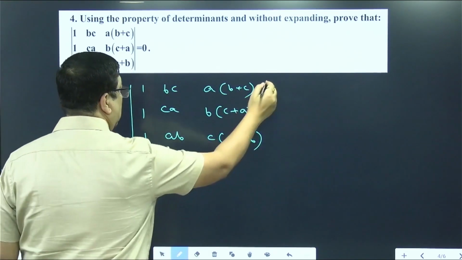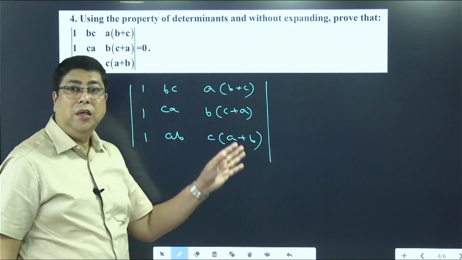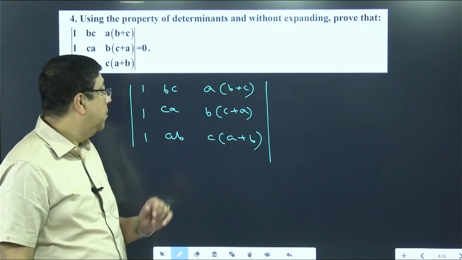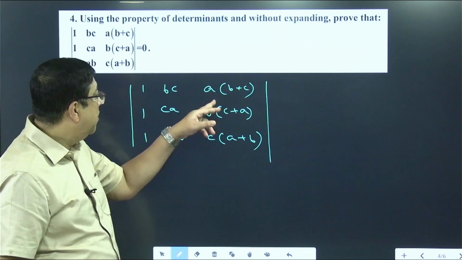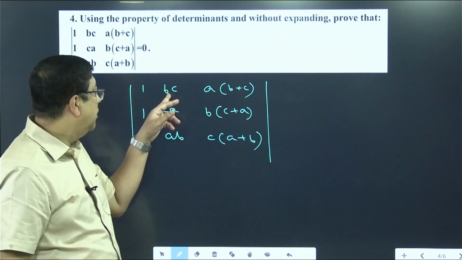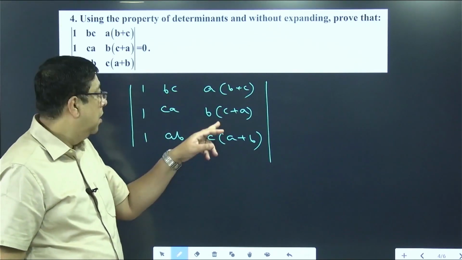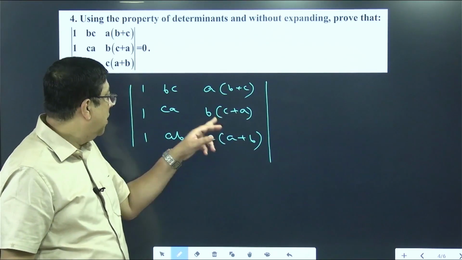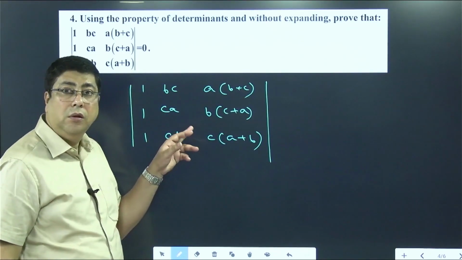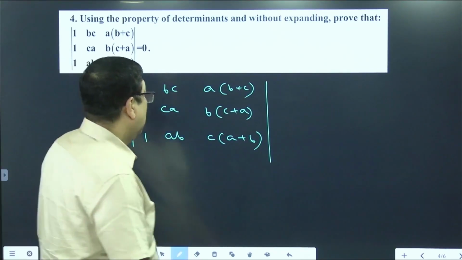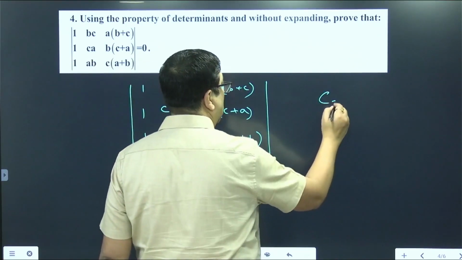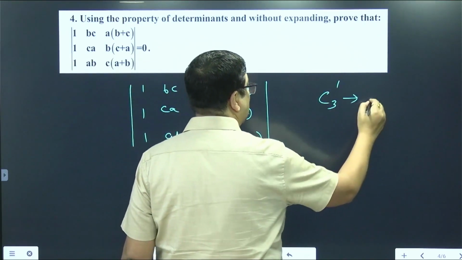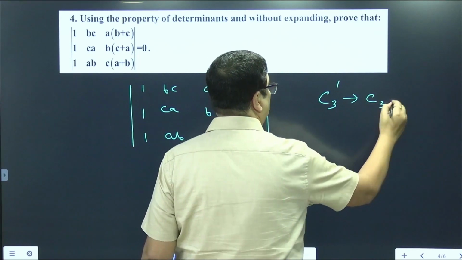We have to make it 0. So column 3 is the big column. So let us see one thing: ab, ac, and it is bc; bc, ab, this is ca. So on this column 3, if we make this operation, that is C3 plus C2.